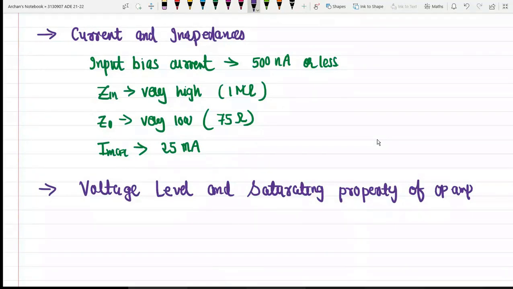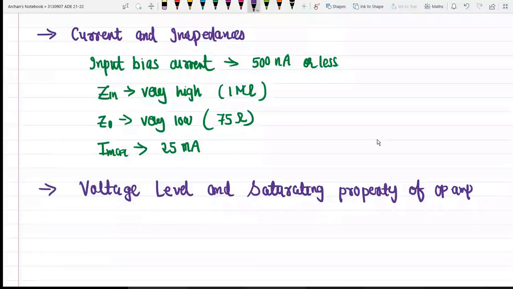We know typical values of DC supply voltage range from around 4 volt to 15 volt or 20 volt max. So if my supply voltage is 15 or 20 volt, how does this voltage increase to 500 volt? Theoretically it is true: if the gain is 500 and my input signal is 1 volt, then definitely 500 volt will be there. But that does not happen actually with the operational amplifier.